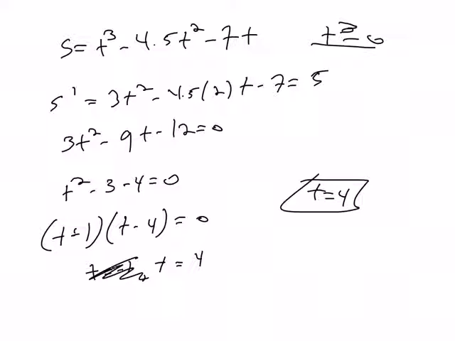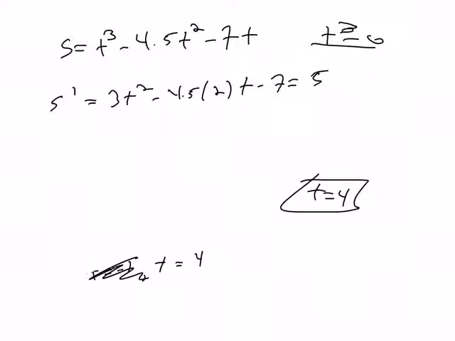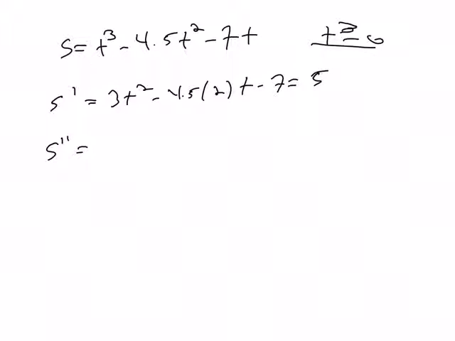So now we want to find the acceleration. Let's erase this, so we can just take the second derivative of s. So the acceleration is s double prime, which is equal to 6t minus 9. Sorry, it asks when the acceleration is 0.